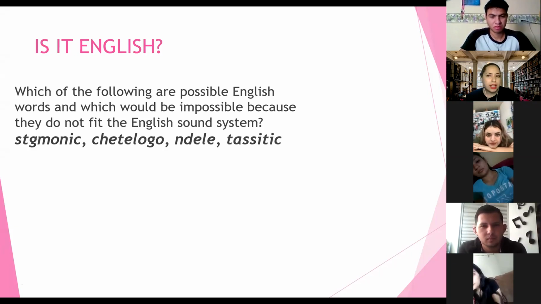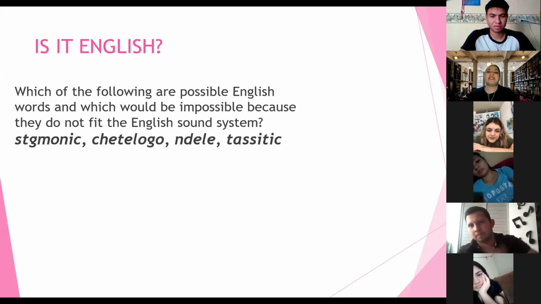Does it take? Which of those four words do you think may not be possible for it to be an English word? If it is very, very hard to pronounce, that might be the word.